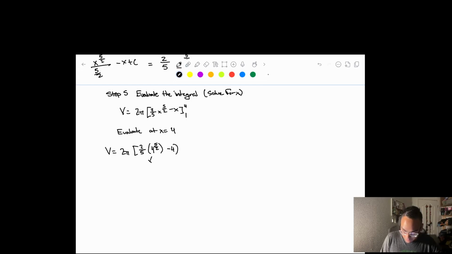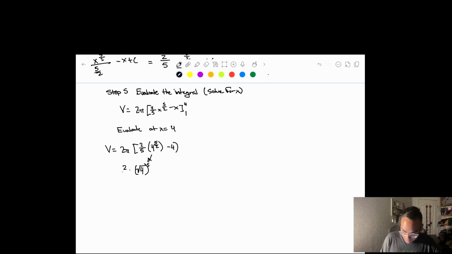So if we rewrite this, that's basically the square root of 4 raised to the 5th power times 2 to the 5th minus 4. And what this ends up becoming is just 2 raised to the 5th power, which is 2 times 2 times 2 times 2 times 2, going to give us 32. 32 minus 4 times 2 to the 5th.